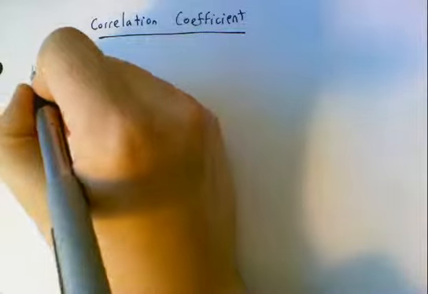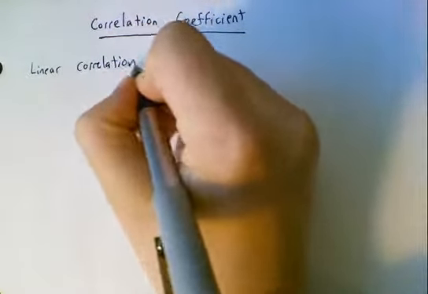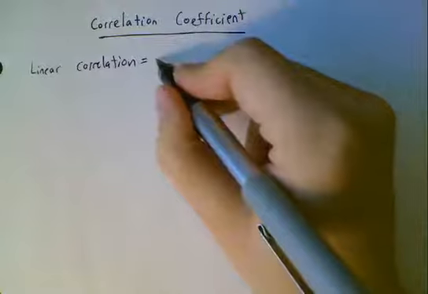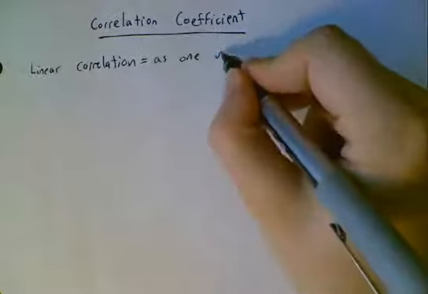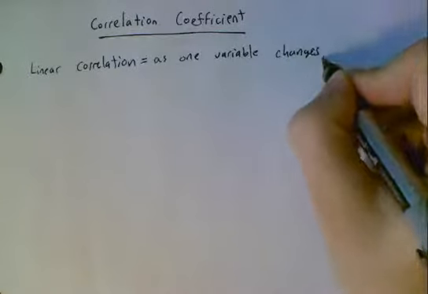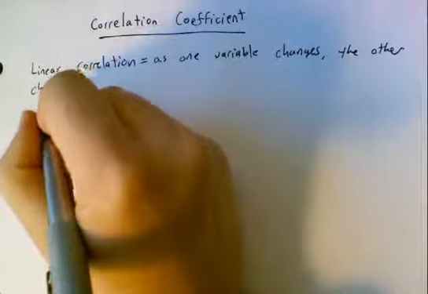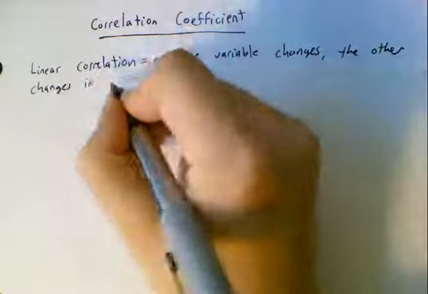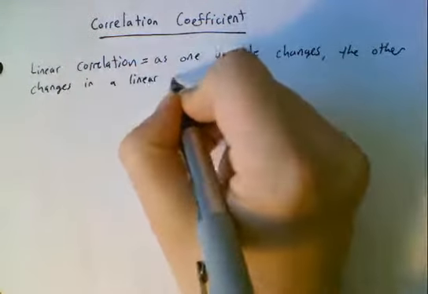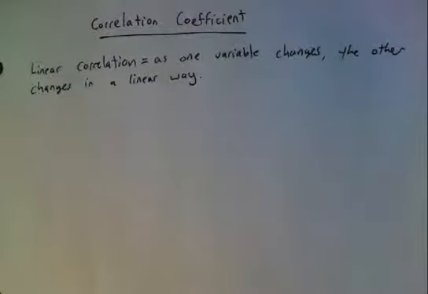Specifically, in this class, we're talking about linear correlation, which is that as one variable changes, the other changes in a linear way. So basically when we graph our points, it's basically forming a line, not any sort of weirdo funky curve.